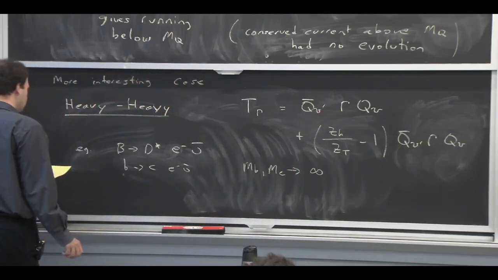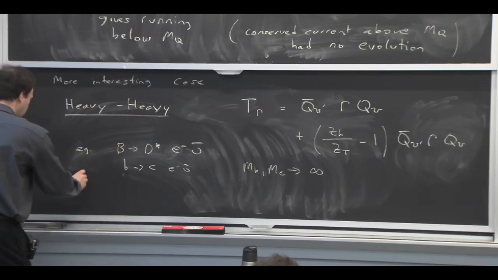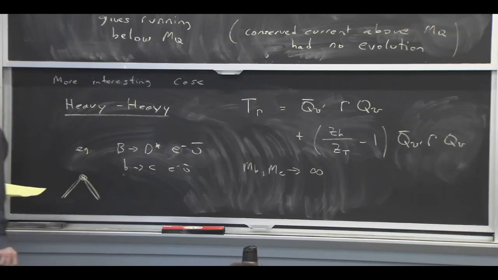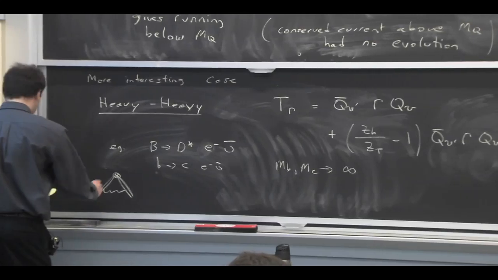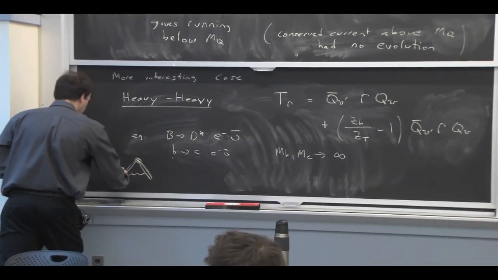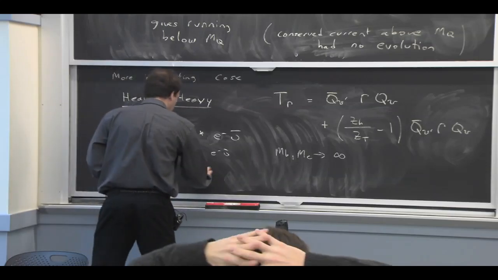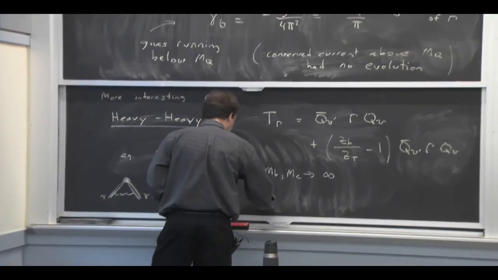OK, so we can go through the same thing. We already calculated ZH, so we just have to calculate a graph like this, where we have two heavy quarks, but the heavy quarks have different velocities. So what would that calculation look like?